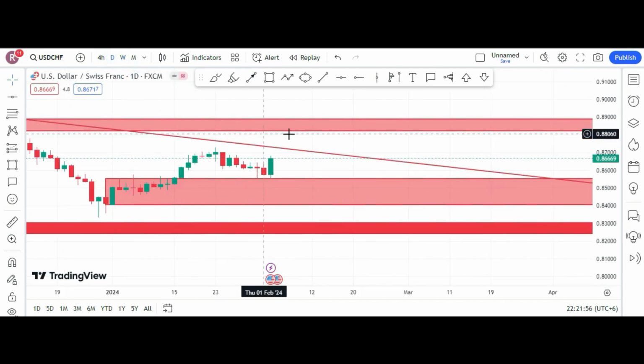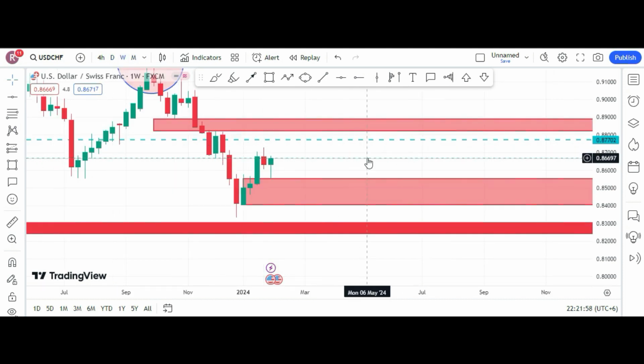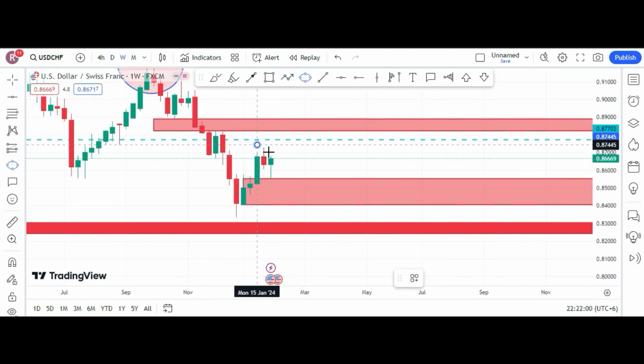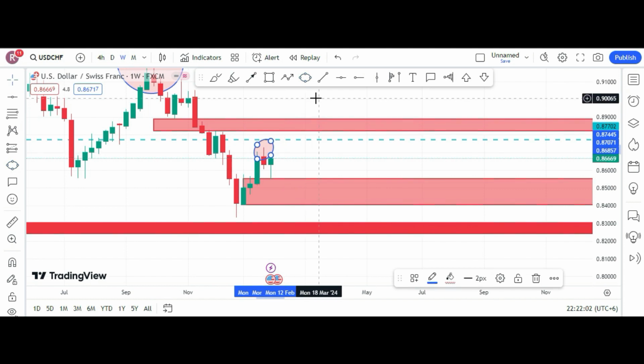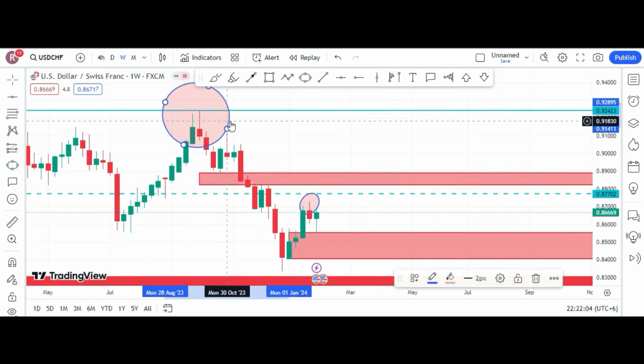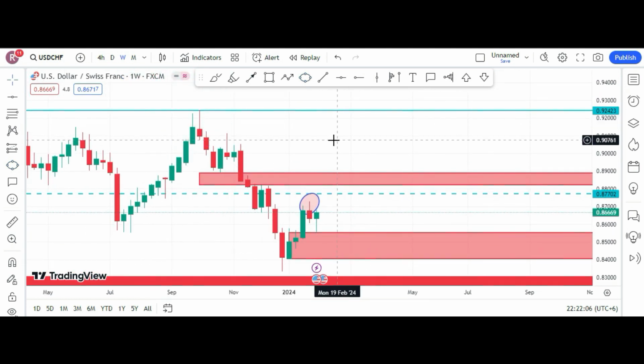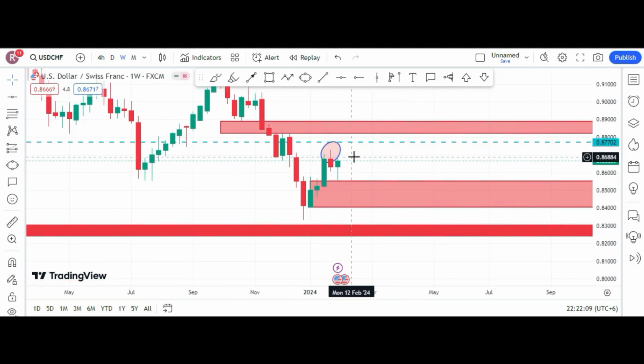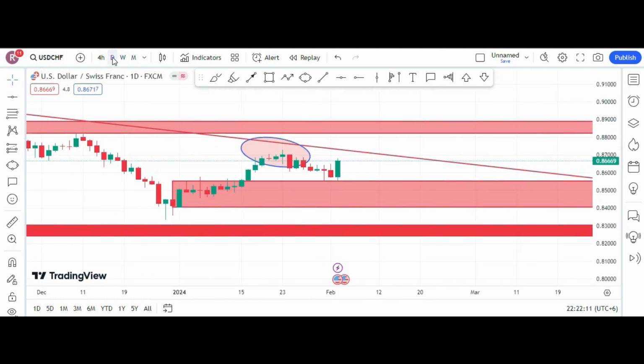So let's move to daily. Let me mark it so we can find it easily in daily, what happened here, and let us remove this, as we have already found this is a weekly double top. So coming back to daily now, can you guys see this red and green and this red and green?